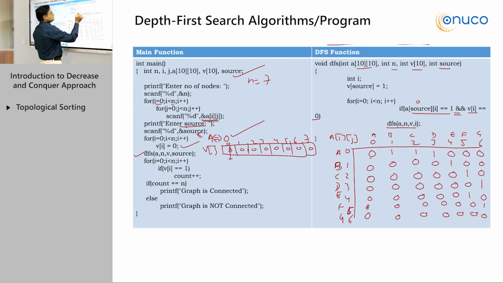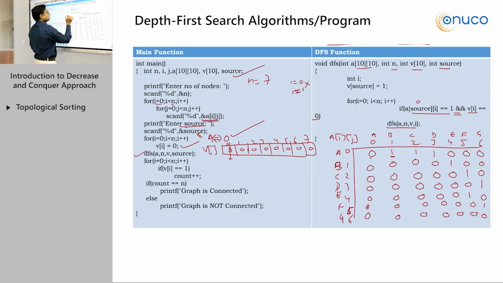So still source is 0, but for I as 0, it failed. So we are going to consider I is equal to 1. If I is equal to 1, what will happen? A of source 1, A of 0, 1. What is the value of A of 0, 1? It is 1. If it is 1, then go to the other side. Visited of 1, what is that?